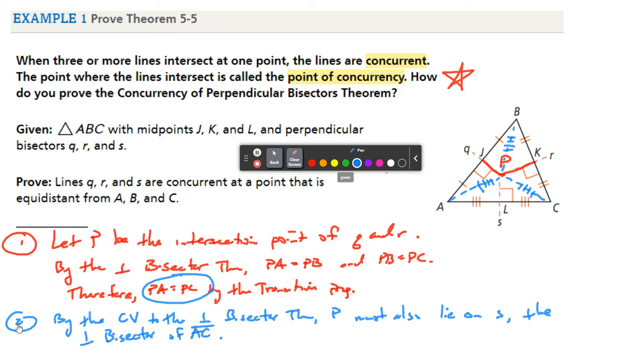So now we know, I'll do it in green, that P is on S.